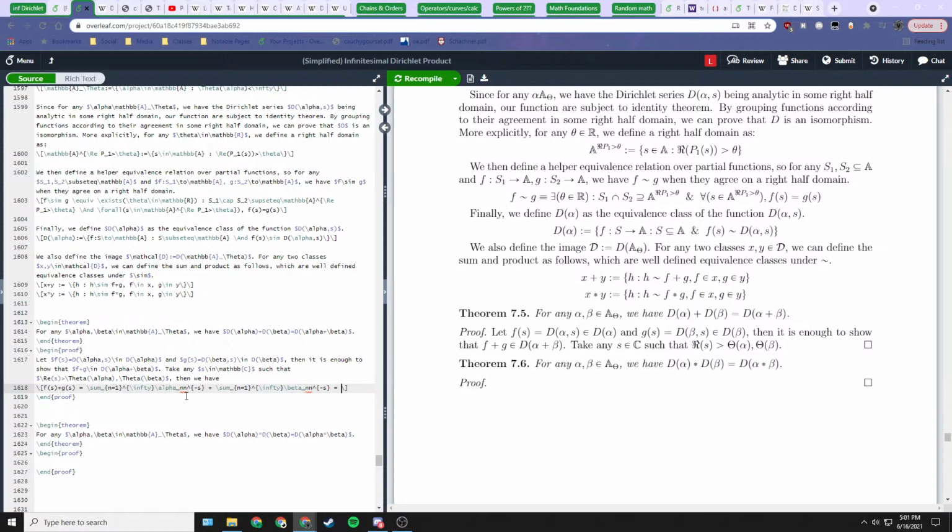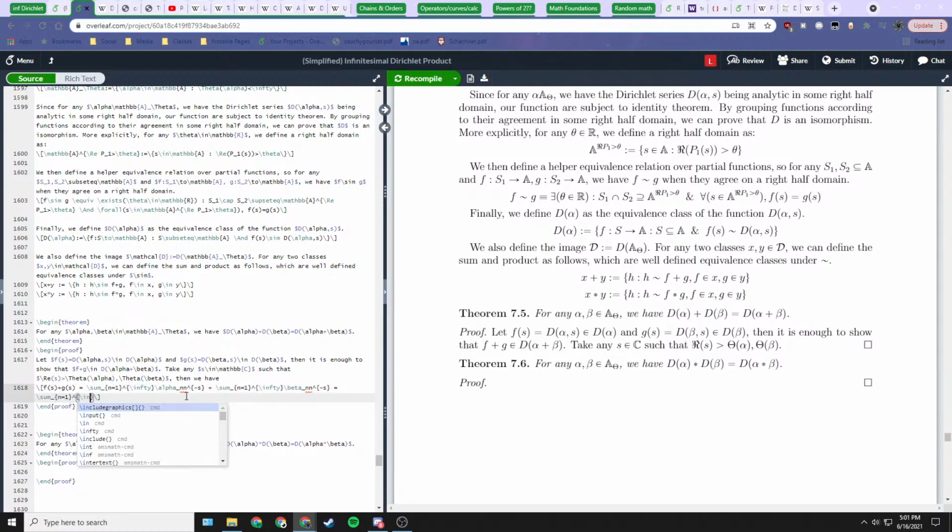But this is just the summation, n equals 1 to infinity, of alpha sub n plus beta sub n times n power minus s, which is just the alpha plus beta with s.